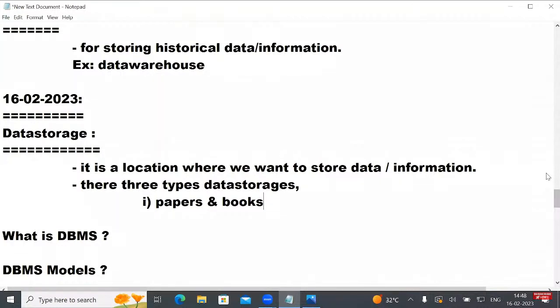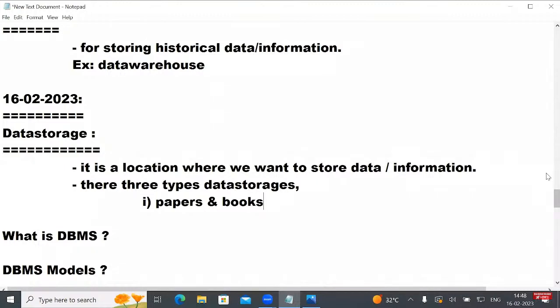But tell me, in that book and paper, is there any security? Suppose you want to store some confidential data in your notebook; is it secured? No. So there are security problems, and I can't manage a large amount of data in books and papers. There is also a retrieval problem: if I want to retrieve some information from my notebook, each line has to be searched.